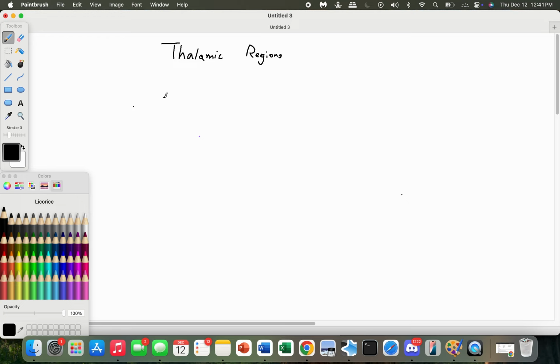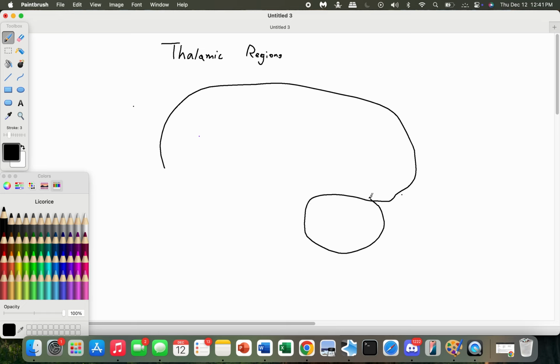So to start, let's just draw the brain so we can visualize where we're at. If this is our cerebrum, and then that's our cerebellum, that's our brainstem, and let's say this is our corpus callosum, and here would be our pituitary.